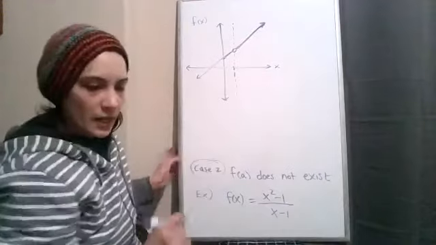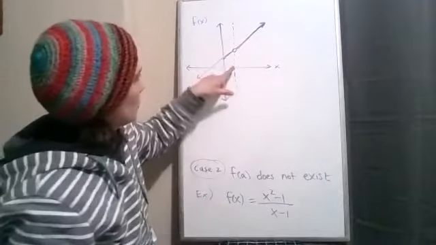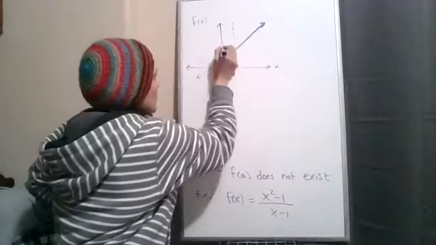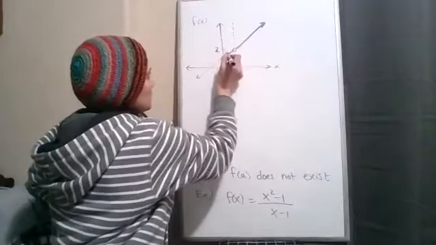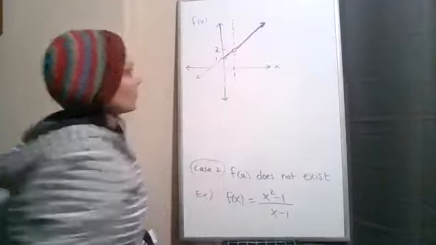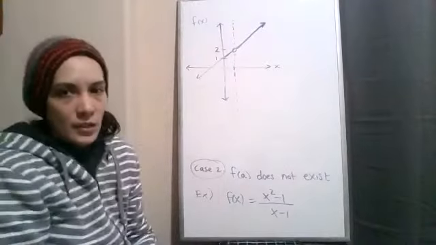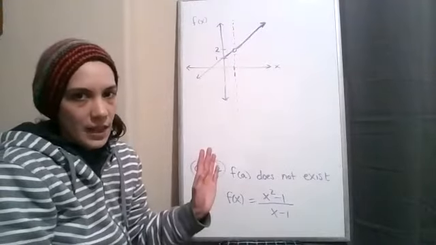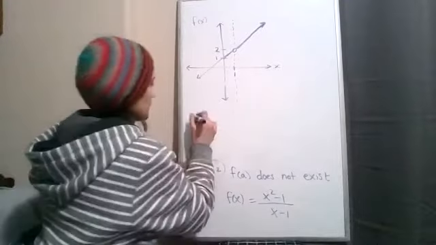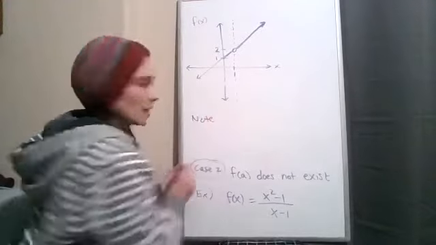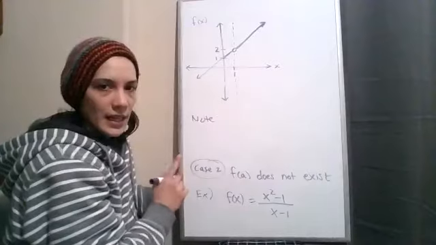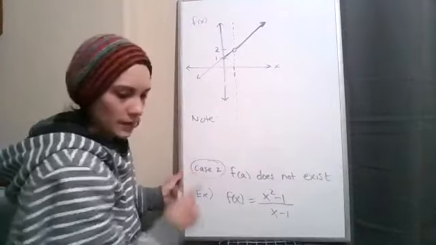Let me make sure I drew that. 1, this is 1, 2. Okay, so I just want to mention on the side that x equal to 1 cannot be in the domain of f.